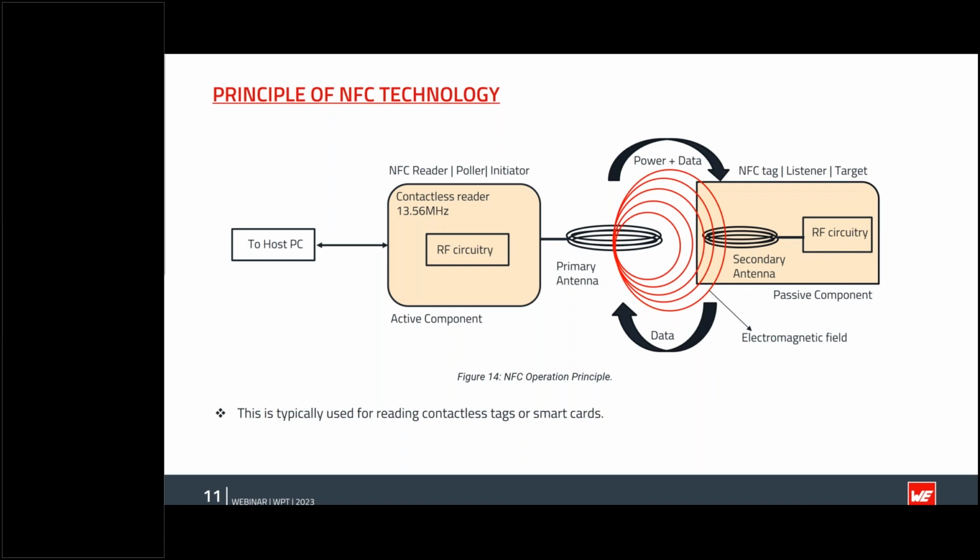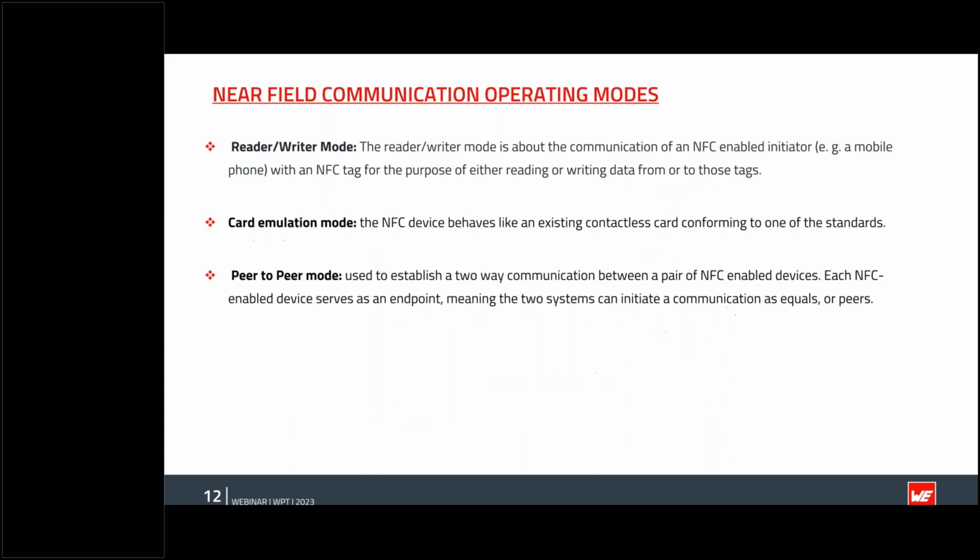Having seen how NFC technology works, let's go a little deeper and look at the basic three modes of operation for near-field communication. The three main modes are the read or write mode, the card emulation mode, and the peer-to-peer mode.